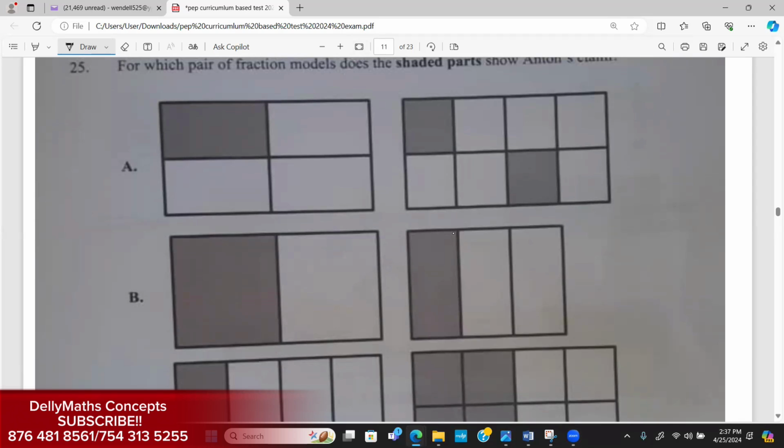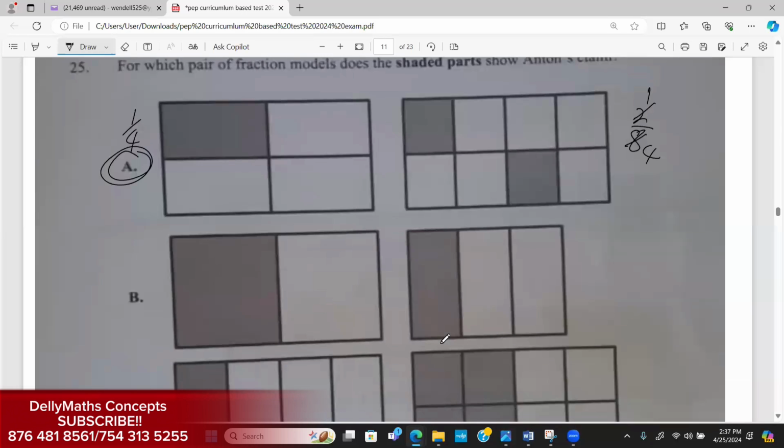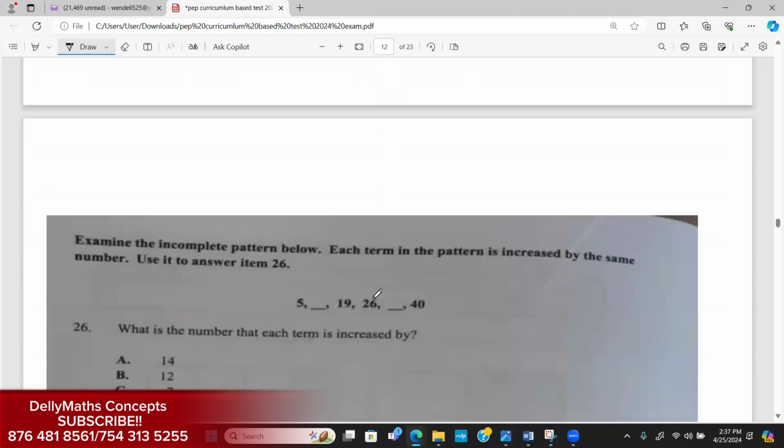For example, this is 1/4, and this is 2 out of 8. If you break down 2 out of 8, you're still seeing 1/4. The moment I see it, I'm not looking for any more. The answer for 25 is A, because it is already showing what we're looking for. The others will not show you what you're looking for.